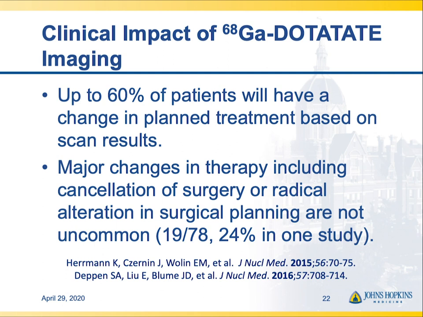There are studies that say that a majority of patients will have a planned treatment change when they are imaged with dotatate versus conventional imaging with, say, anatomic imaging or even Octreoscan. And major changes in therapy include finding occult metastatic disease in a patient that may be going to surgery for what was thought to be clinically localized disease. So this agent really can have major impact in terms of how patients are managed.